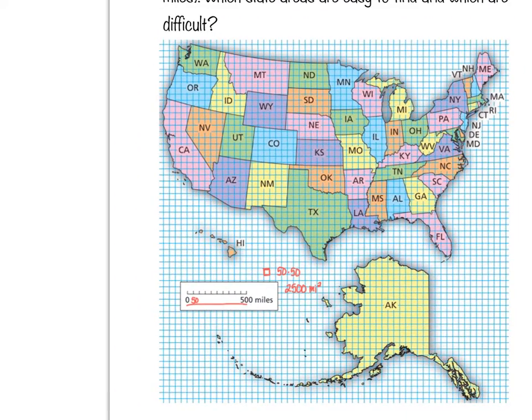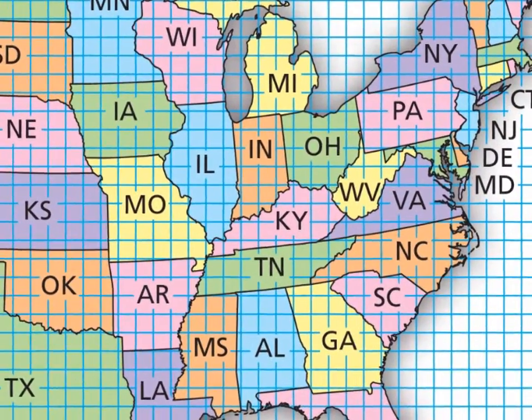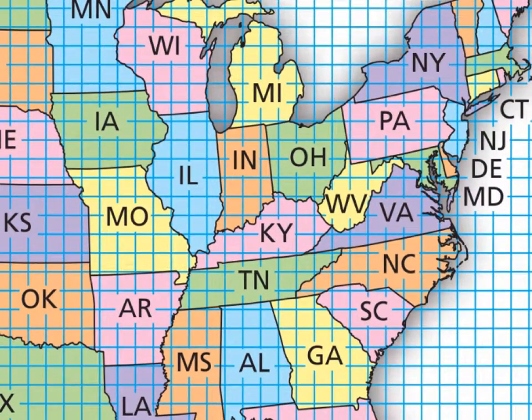So if we look at Indiana, for example, we could try to count how many squares are in Indiana. So we've got 1, 2, I'm counting the full squares, 3, 4, 5, 6, 7, 8. I would say if you could combine some of these squares, like this right here might make a full square on bottom. This right here could make another full square. So that would be 10 total full squares.